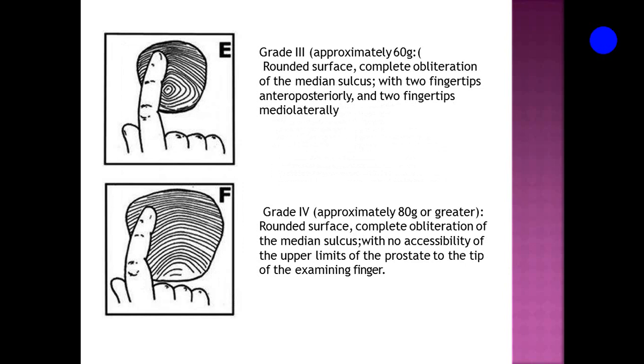Picture E shows grade 3, where the prostate weighs approximately 60 grams, with a rounded surface and complete obliteration of the median sulcus. Picture F is grade 4, where the prostate weighs approximately 80 grams or greater, with a rounded surface and complete obliteration of the median sulcus, with no accessibility of the upper limit of the prostate to the tip of the examining finger.